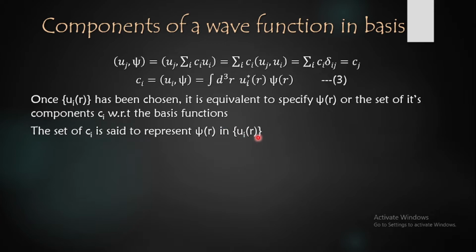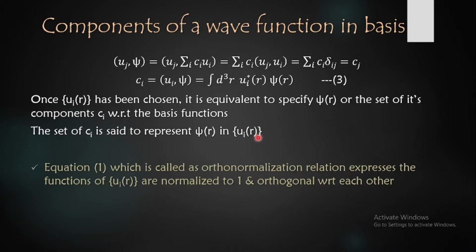And I hope now you can relate the closure law here. We have already seen equation number 1, which is called the orthonormalization relation. It expresses the fact that the functions of the set ui of r are normalized to 1, and are also orthogonal with respect to each other.